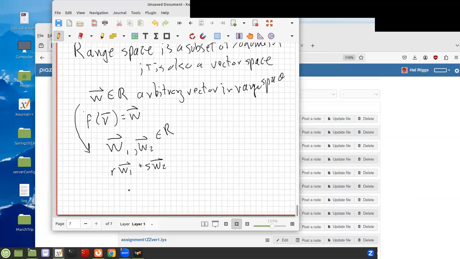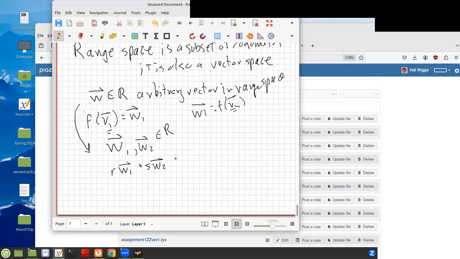Well, let's see. That means that this has to be the image of some vector in the domain. Since W1 equals f of V1, and W2 equals f of V2, there have to be vectors V1 and V2. This happens because W1 and W2 are in the range space. We want to show that this is in the range space.